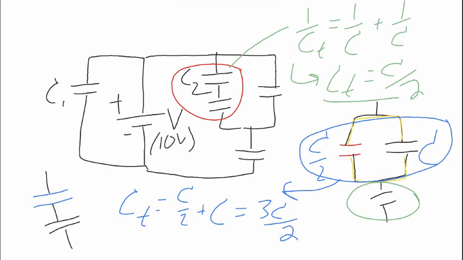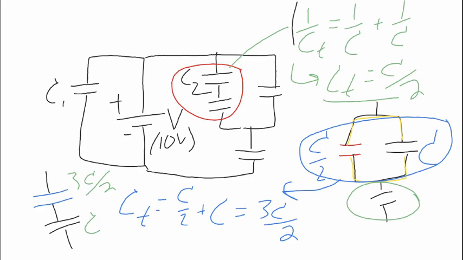So now that we have one more series connection, we can do the 1 over C calculation like I've done up here. What were my capacitances here? I had 3C on 2 for my net blue capacitor, and then just C for that black one, which is just like a regular one from the circuit. I need to add them together using the inverse rule because they're connected in series.